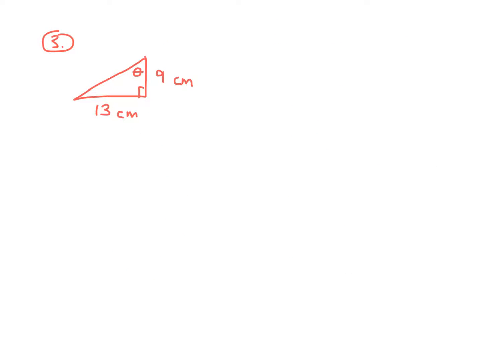Here we have a situation where we need to find the angle given two of the sides of the right triangle. So in a sense, we're working backwards.